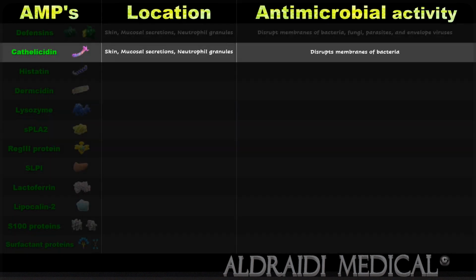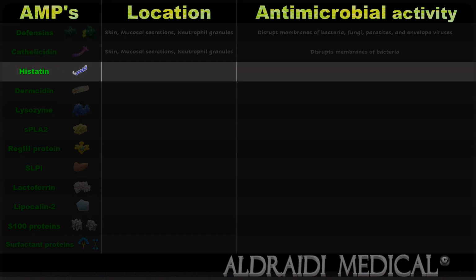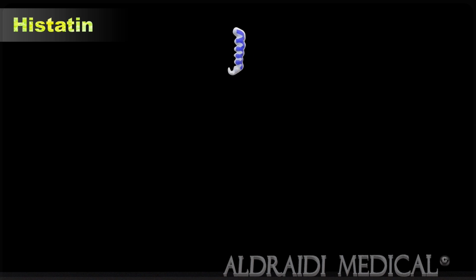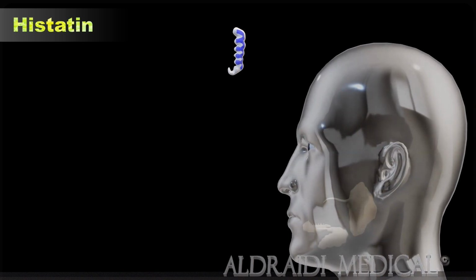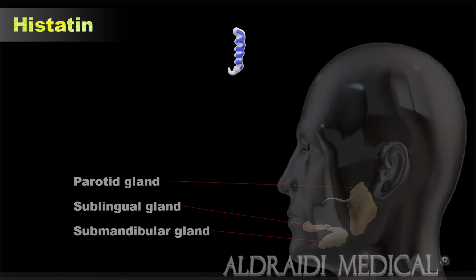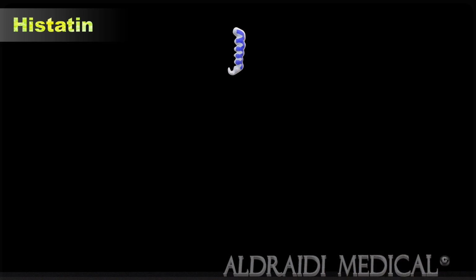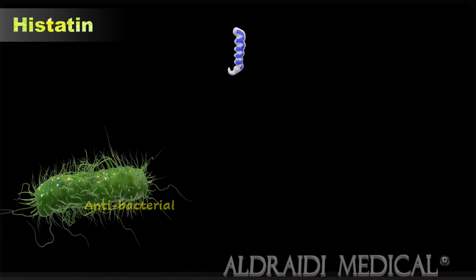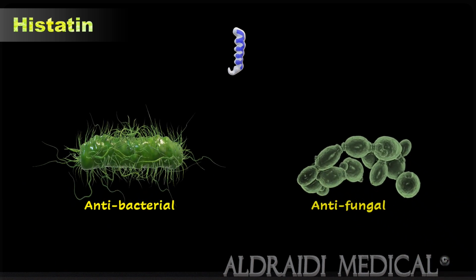The next class of antimicrobial peptides are histatins. Histatins are short, histidine-rich cationic peptides that are constitutively produced in the oral cavity by the parotid, sublingual, and submandibular glands and are found in saliva. Histatins exert a broad range of antibacterial as well as antifungal activity.